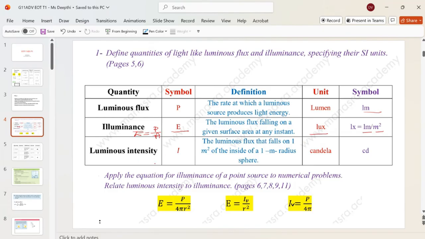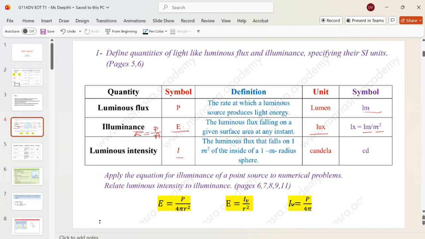Now luminous intensity, the letter is I, and it is the luminous flux that falls on 1 meter square of the inside of a 1 meter radius sphere. So it is the flux again, which falls on the area of a unit sphere.